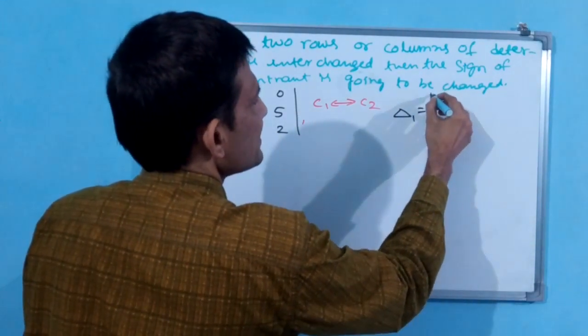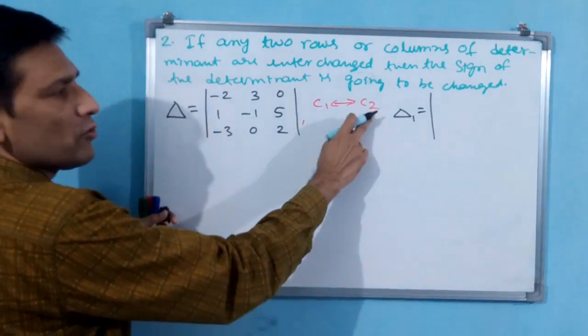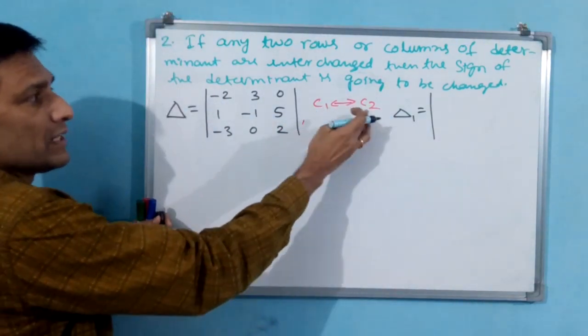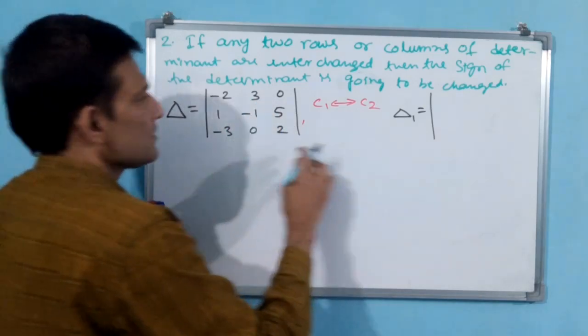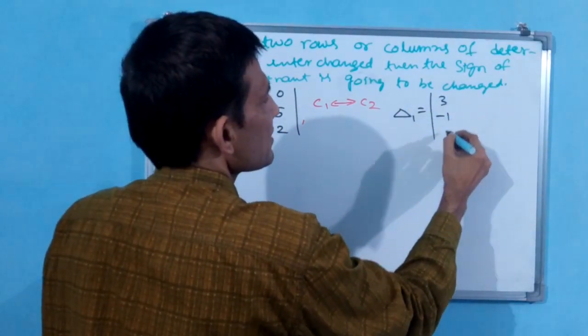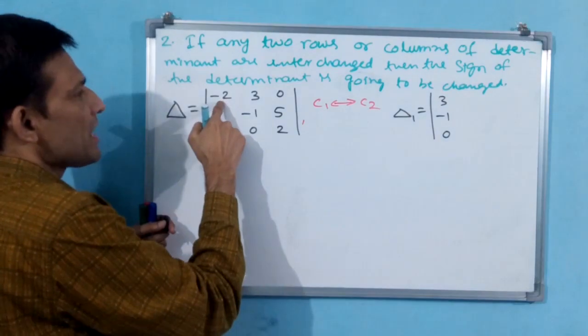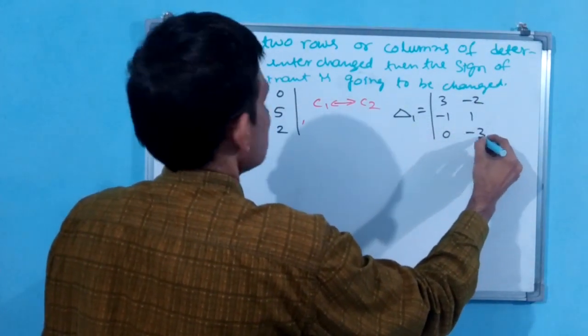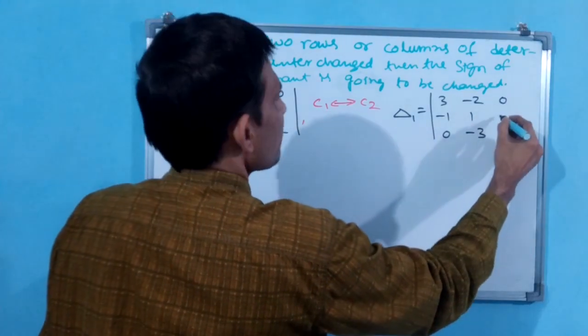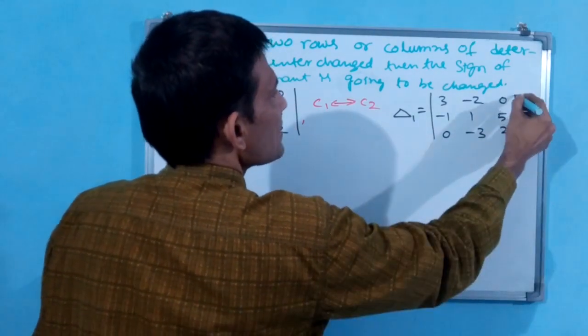Delta 1 is equal to, C1 goes to C2 and C2 goes to C1. That means the first column becomes 3, -1, 0, then the second column -2, 1, -3, and 0, 5, 2 does not change.